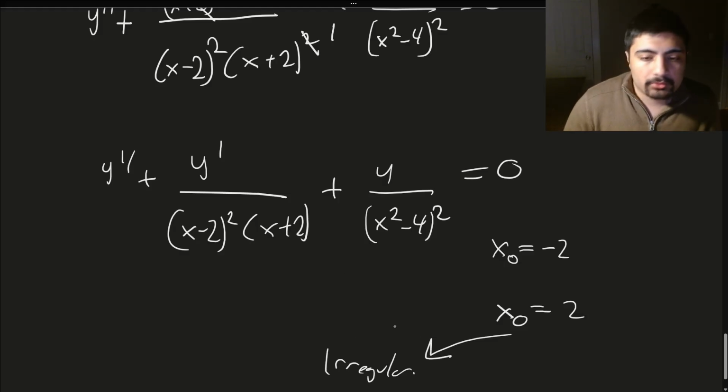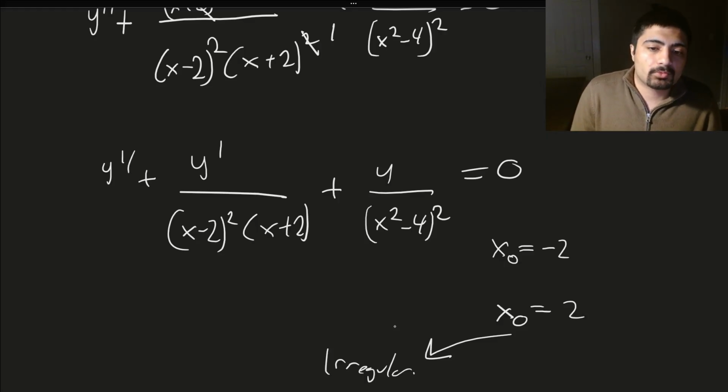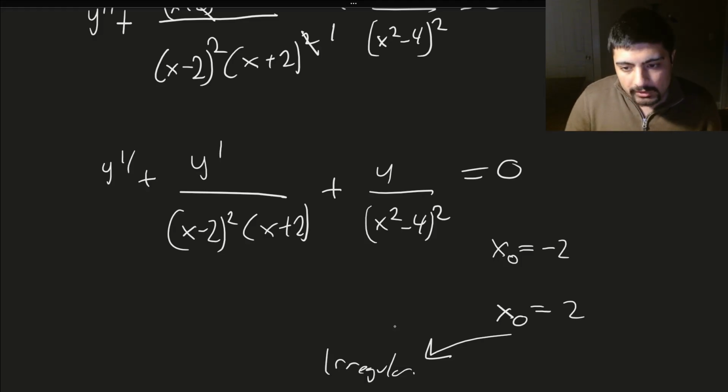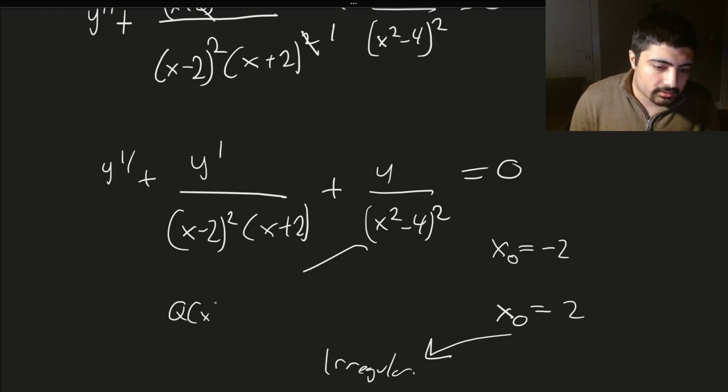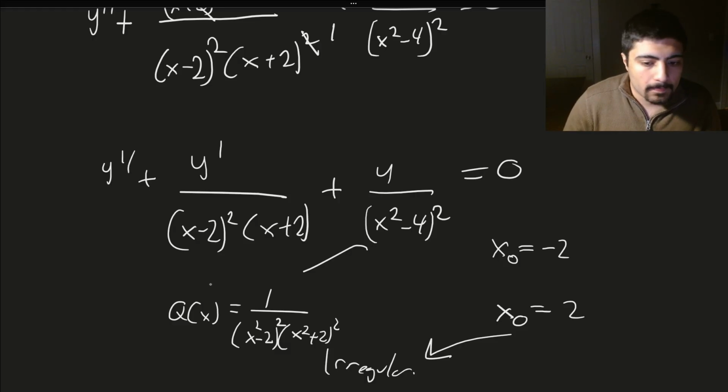And about the x0 equals negative 2 factor, we can check that. The p of x function has x plus 2, which is the first power. Okay, the first power, so that's not going to be a problem. And for q of x, we can just rewrite q of x as 1 over (x minus 2) squared times (x plus 2) squared.